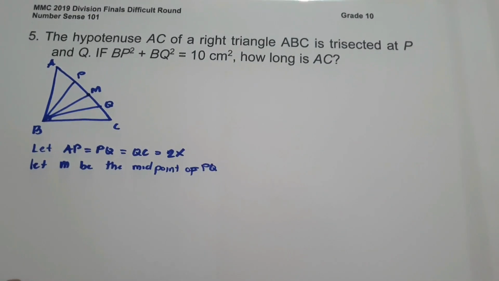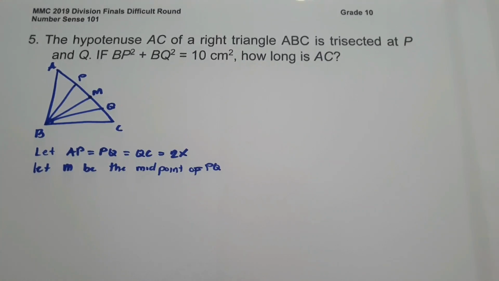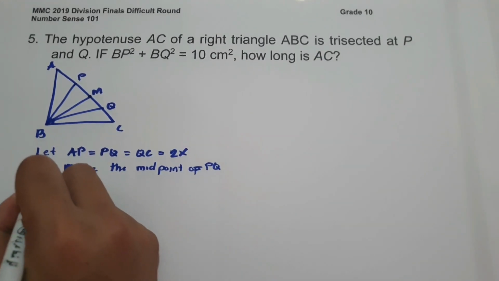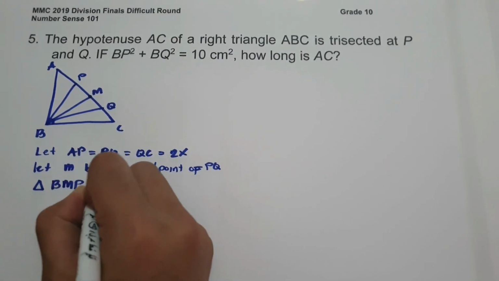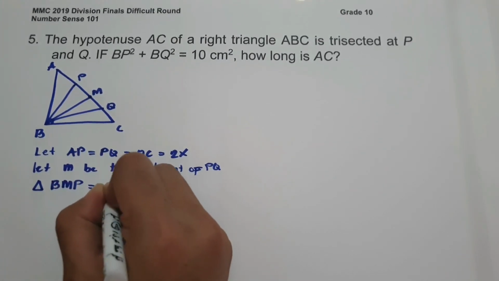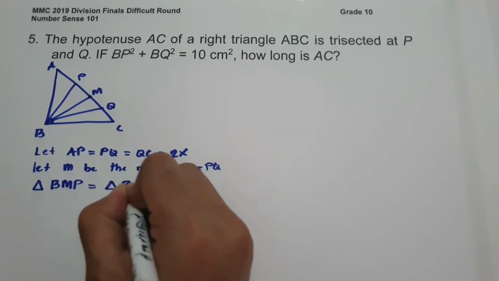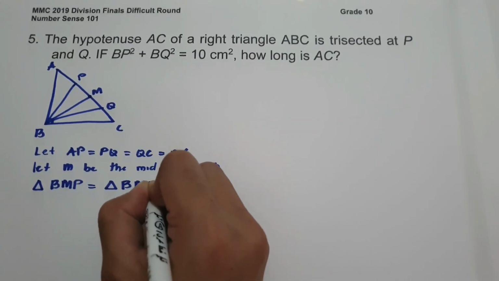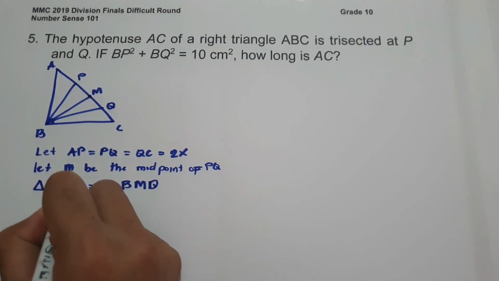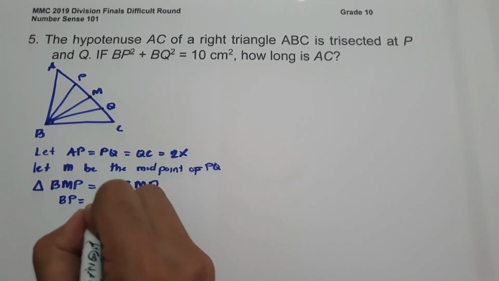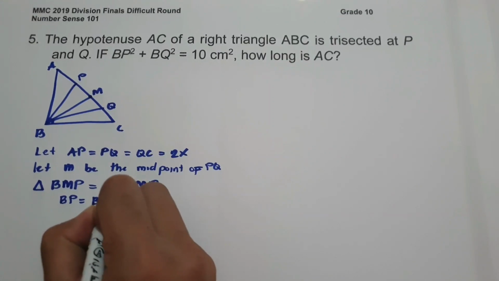If M is the midpoint of PQ, we are going to have triangle BMP congruent to triangle BMQ. So therefore, BP is equal to BQ.